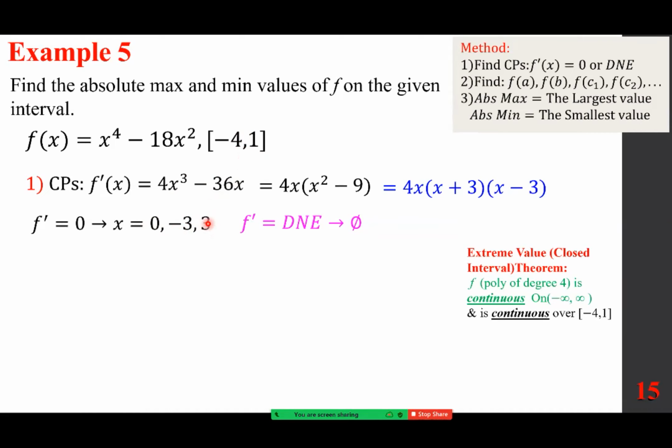No, we can't use that. So we can only use these two. So we're going to write 0 and -3 would be an element of this domain. So we are going to use those. In other words, we have two critical points to use and we have the endpoints. So you just have to plug in.